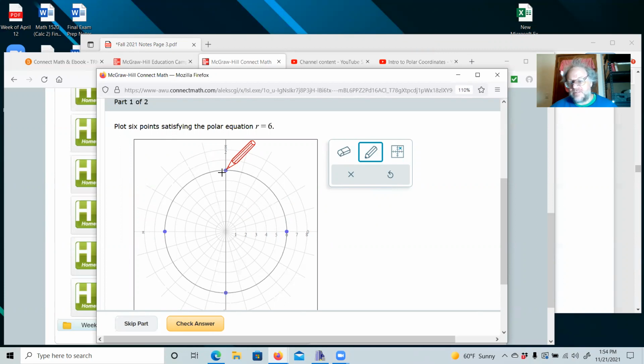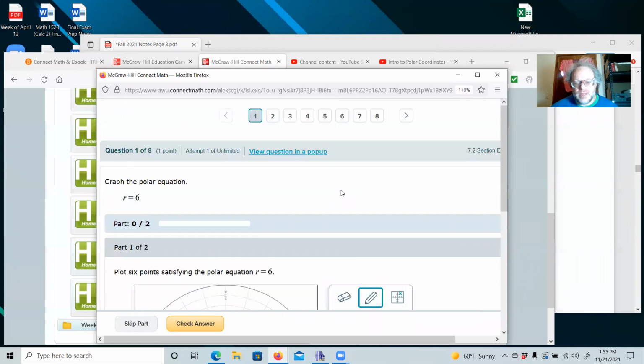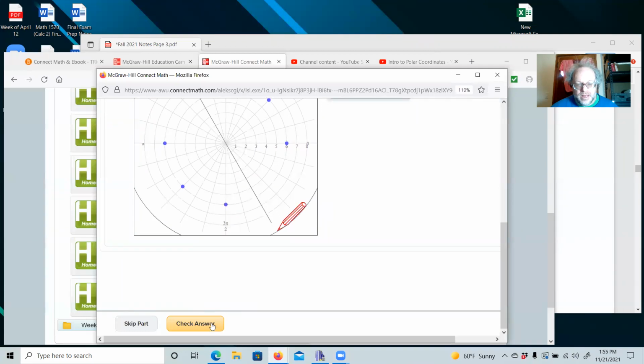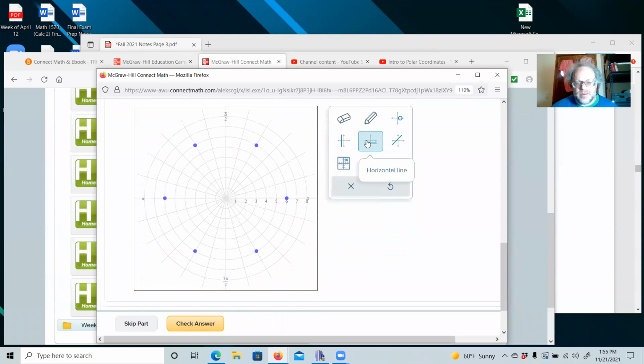I would have liked to have been a little bit more symmetric about things, but there's an r equals 6 on the 45 degree, and there's an r equals 6 on one of the other 45 degrees. And at that point, plot 6 points. Okay. We're good. And then just go ahead and graph what's going on.